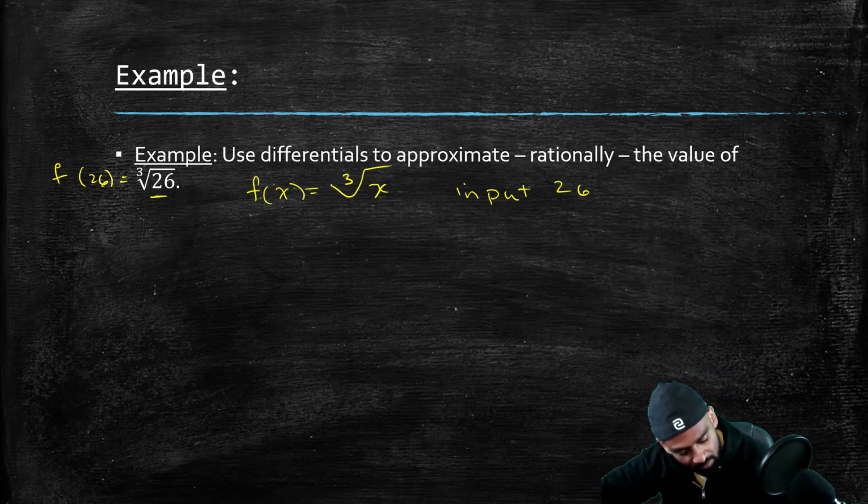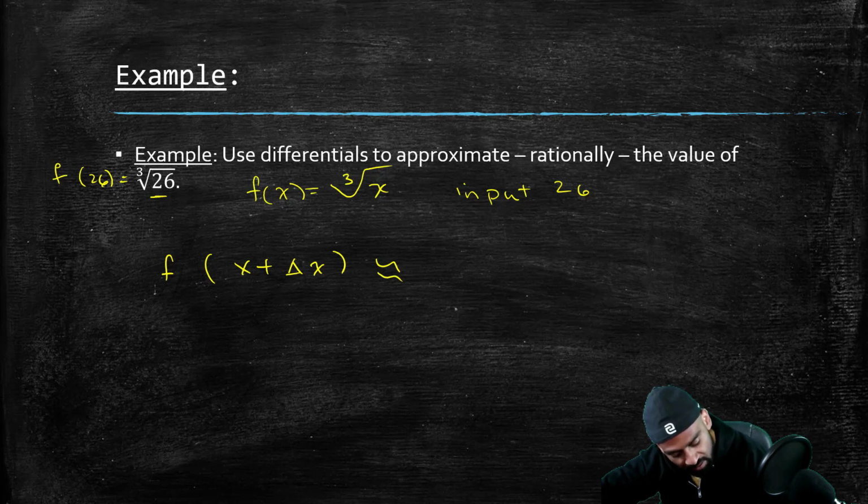So check this out. If I know that I'm looking for f of 26, well, using what I know from the last video about the differentials, and what does the differential mean? It means that f of x plus the change in x should be approximately the derivative at any point times the change in x plus the starting point of f.